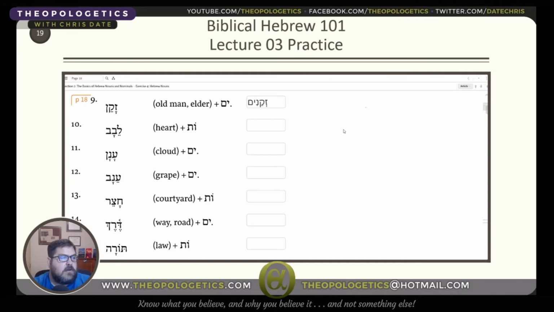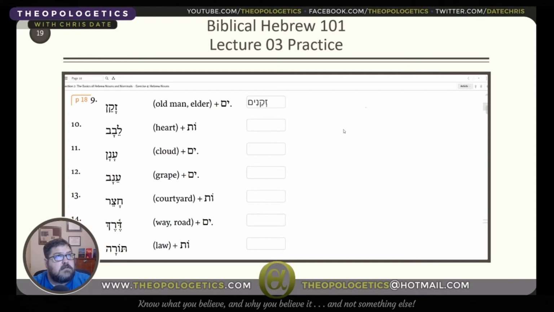Levav, we want to add ot. So notice they're not asking you to pluralize lev, they're asking you to pluralize levav. Because that opening syllable is a tsere, it may be that it shortens to hirek, but that was in the case of geminates, was it? Yeah.